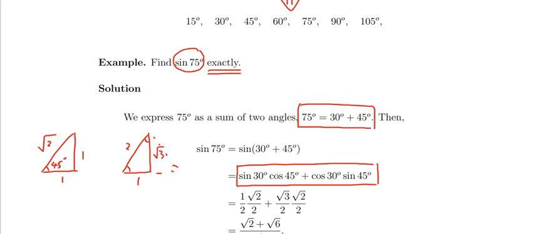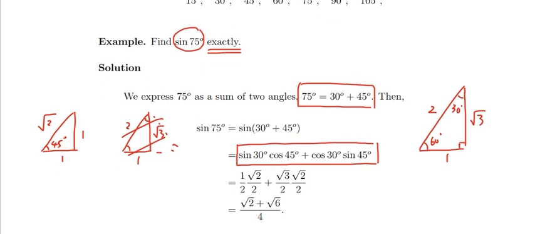Okay, more clear: 1, 2, radical 3, this is 60 and this is 30. So based on these two triangles, we can easily find those values.